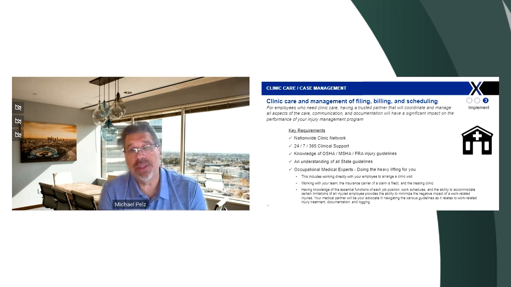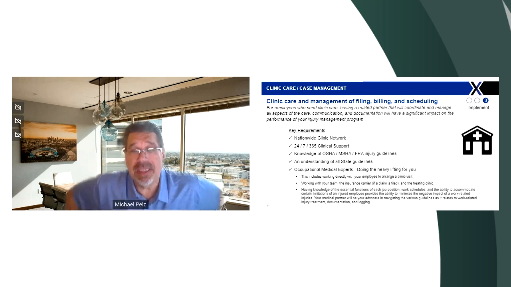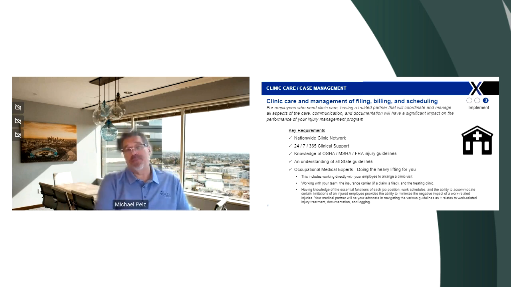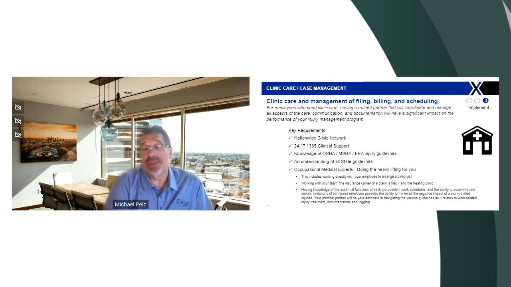Beyond that, you really want to make sure that your case management provider has the appropriate nationwide clinic network. This should consist of everything from dedicated occupational medical clinics with proper capabilities. You will need to make sure that they have resources for after-hour and weekend treatment.